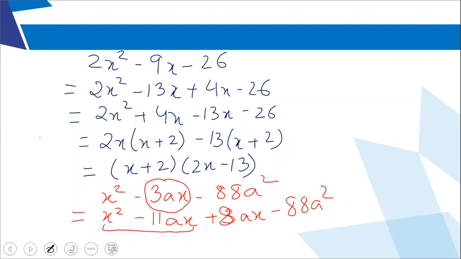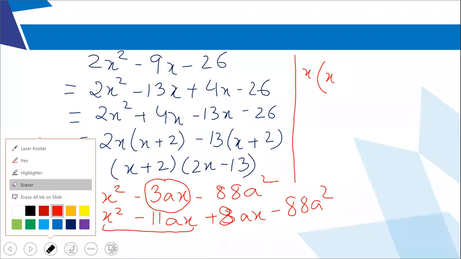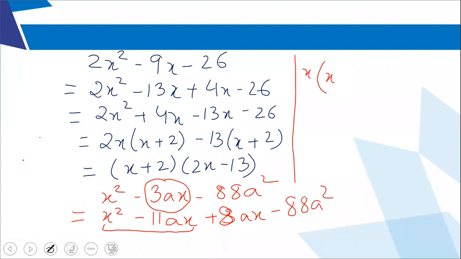From the first two terms, I'm going to take x common, and inside it will be x minus 11a.